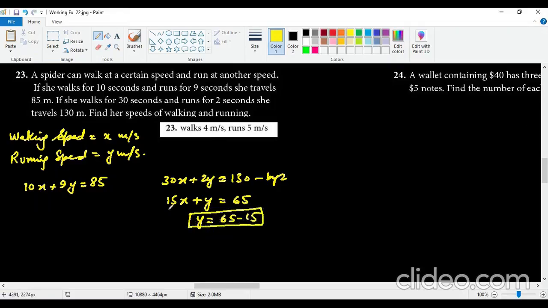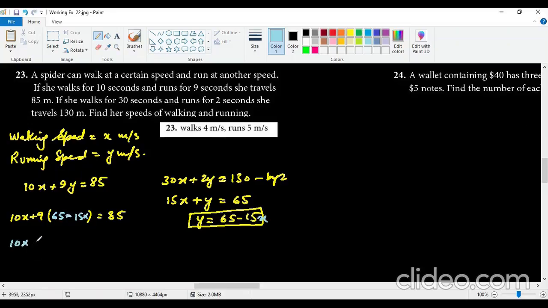Now I will substitute this value into the first equation: 10x plus 9, I will use a bracket, equals 85, and in the bracket I will use the value of y, which is 65 minus 15x.